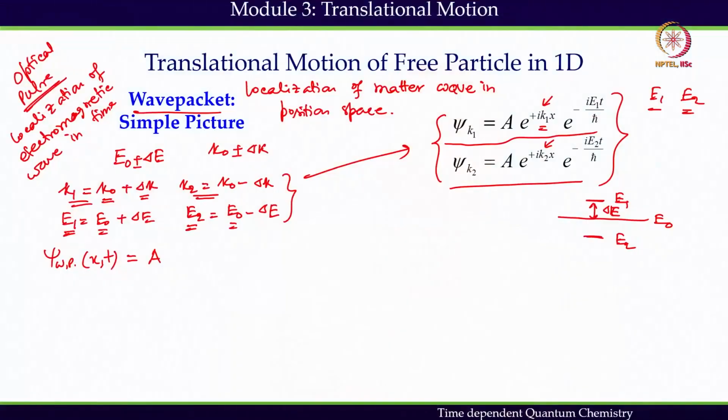Here we have taken 2 plane waves with slightly different energies, and we will write down explicitly the linear combination of these two, e to the power i k1 x, where k1 is given by k naught plus delta k, times e to the power minus i (E naught plus delta E) t by h cut, plus e to the power i (k naught minus delta k) x times e to the power minus i (E naught minus delta E) t by h cut.